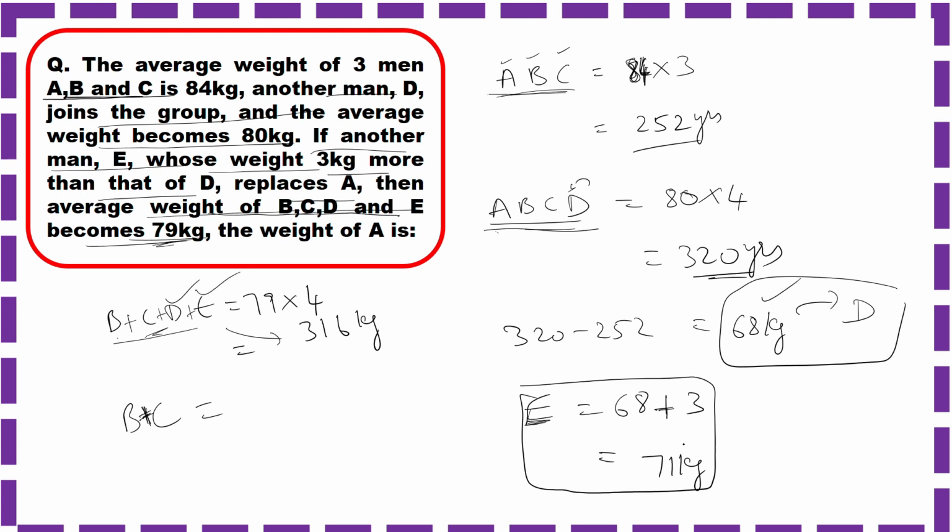E's value is 71. If we substitute this and simplify, we will get the value of B and C. So B plus C is equal to 316 minus the D and E values, 71 plus 68. If I bring it to the other side, it will become minus. So 316 minus 68 minus 71. So the B plus C combined weight is 177.